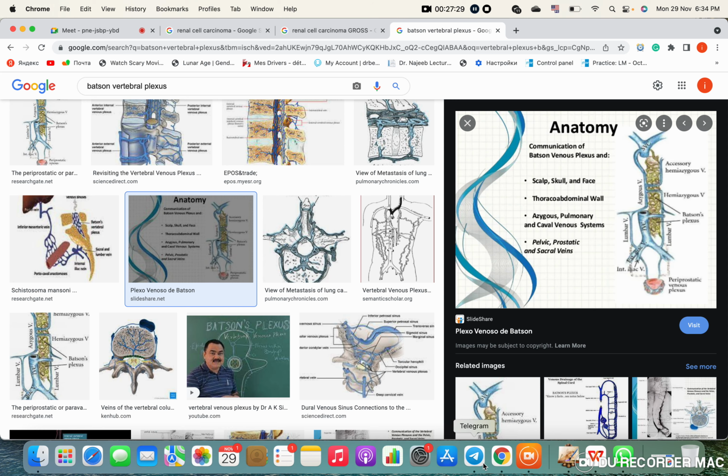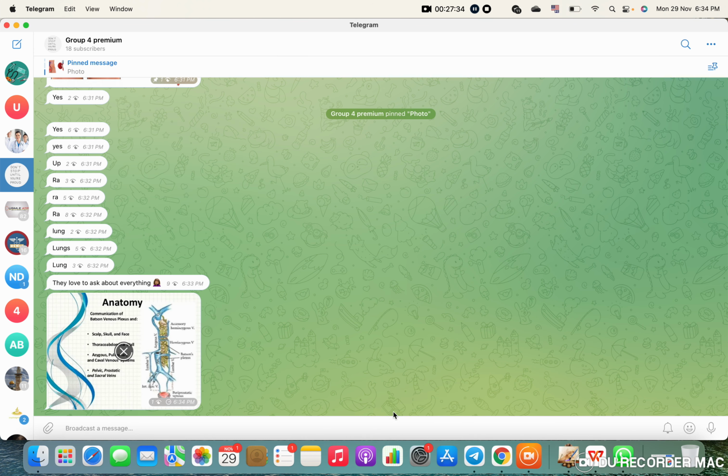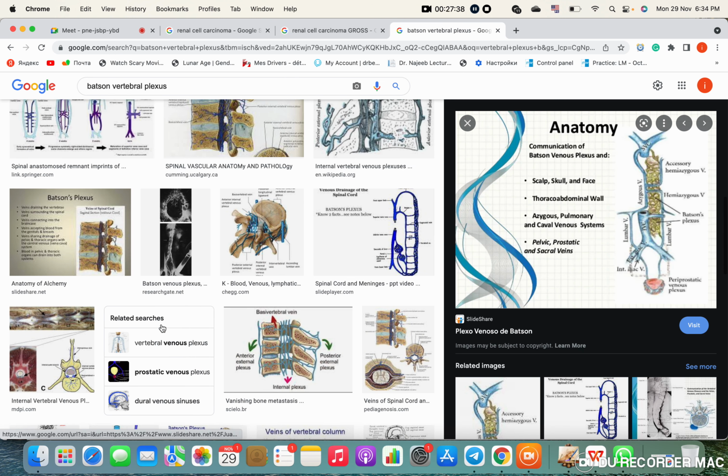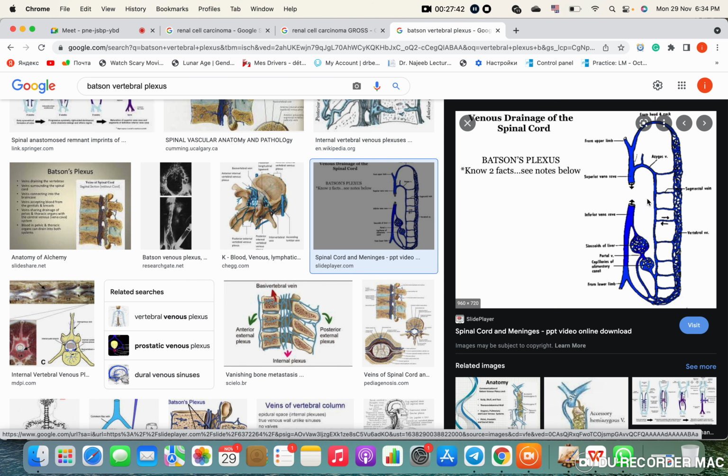Okay? So let me send you a picture of the Batson system. Okay, that's the Batson system. You must know it. Because in the future I will be asking you, breast cancer going to the bone, through what? And you have to tell me it's the Batson system.